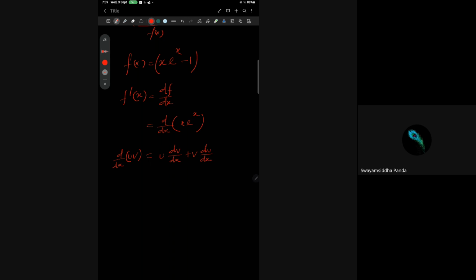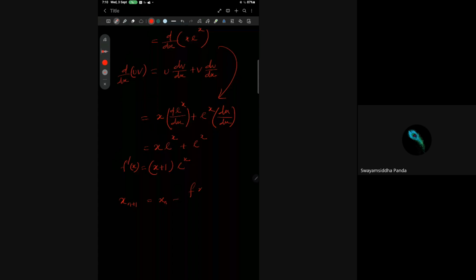So if we substitute that, it will be x d e to the power x by dx plus e to the power x dx by dx.